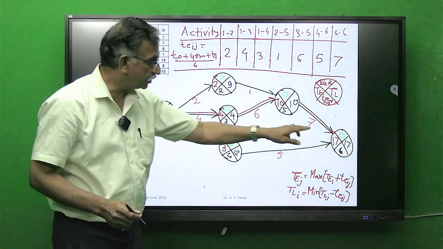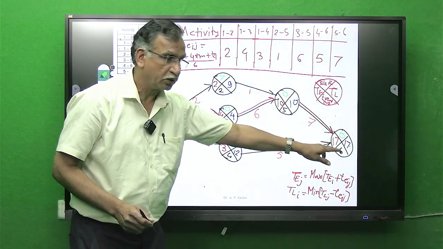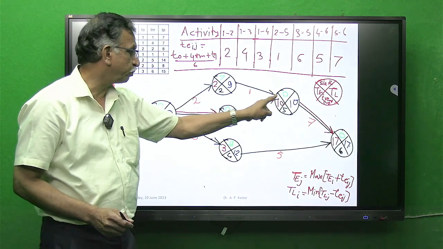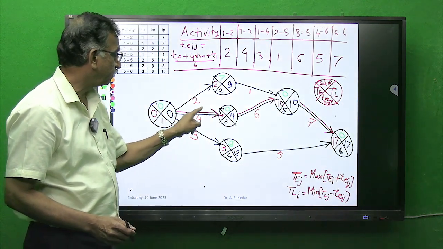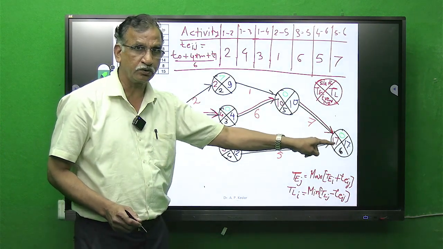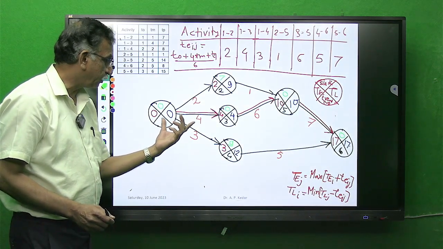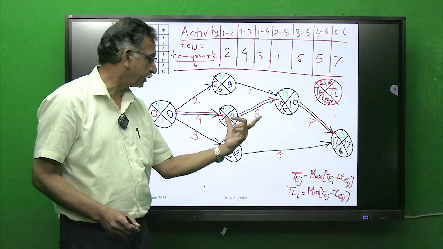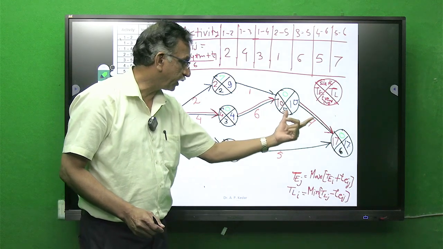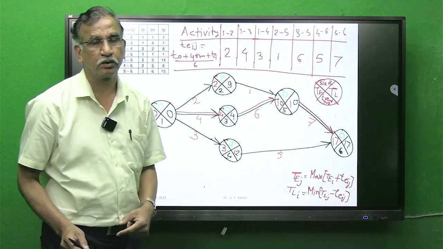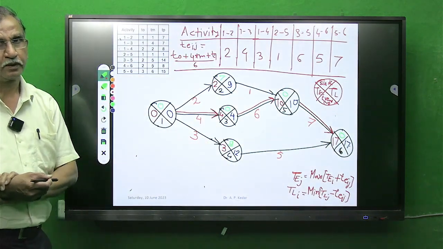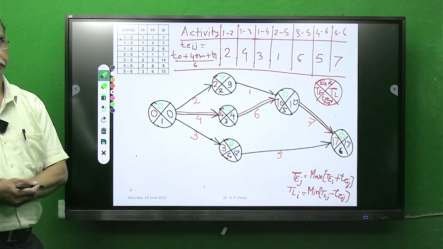So to reach these 17 weeks, we need this path with 0 slack on these events, and activity 1-3, activity 3-5 and activity 5-6 will be referred as critical activity.